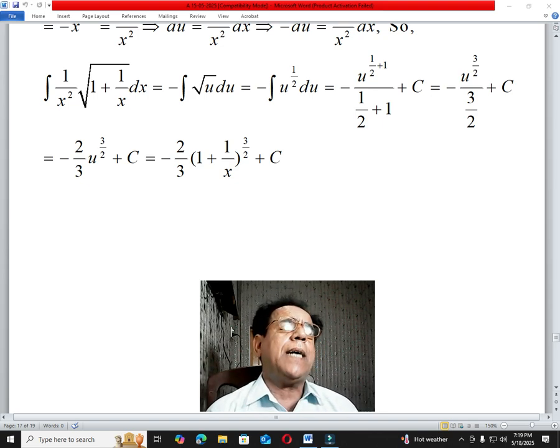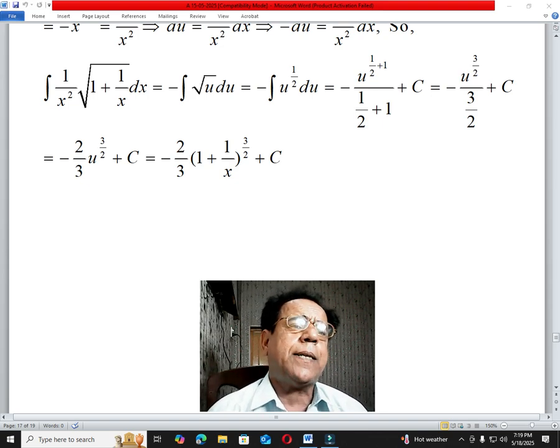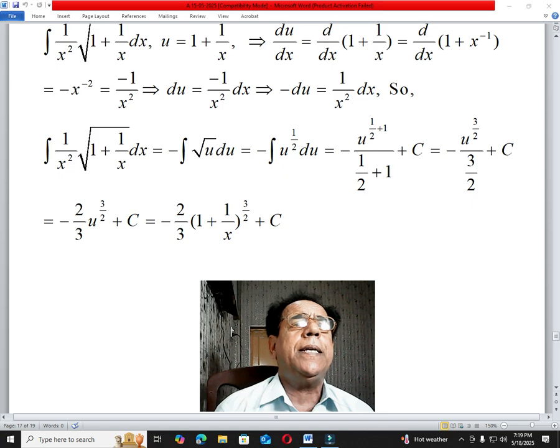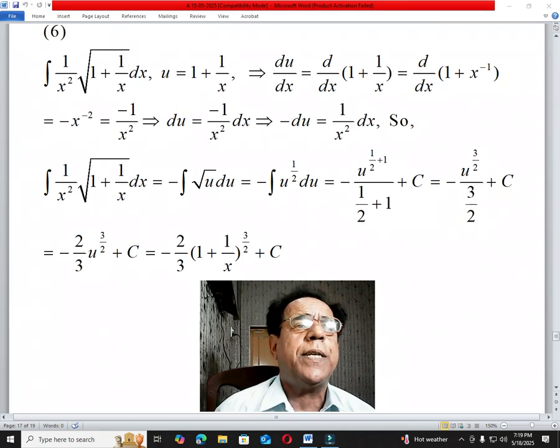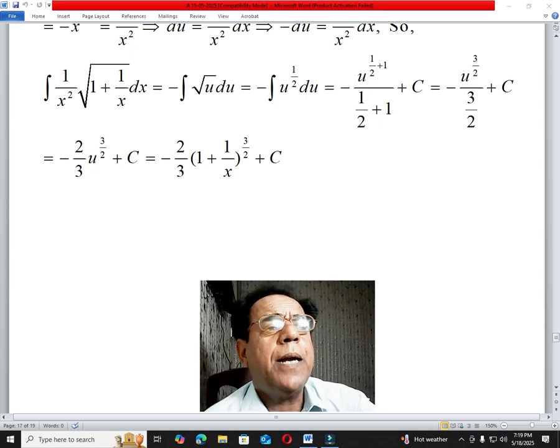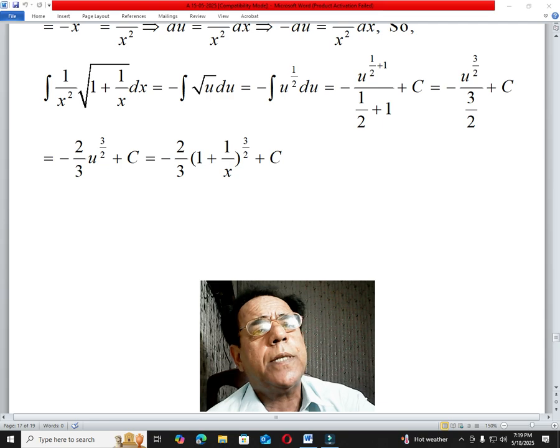To this extent our answer is complete, but the only step remaining is that in place of u we have to resubstitute its original value, that is 1 plus 1 over x. So our answer becomes minus 2 by 3 times (1 plus 1 over x) raised to power 3 by 2 plus c.